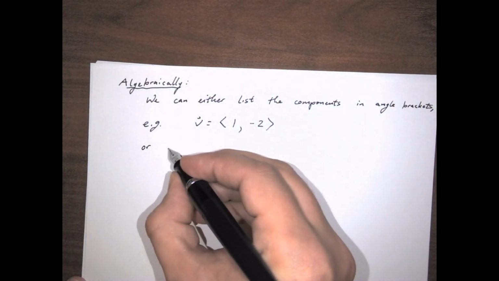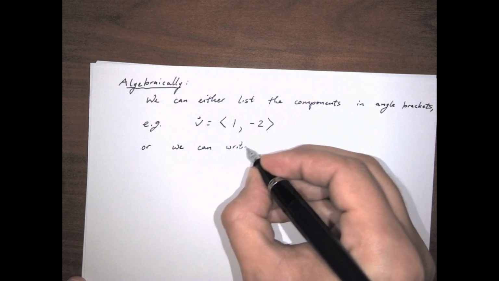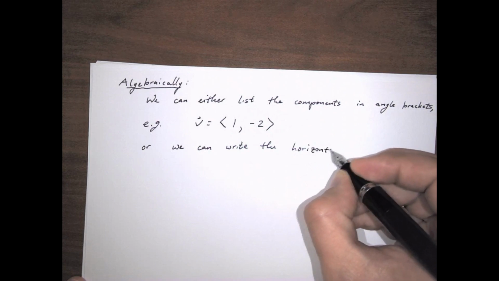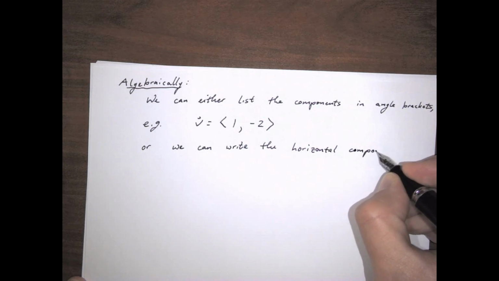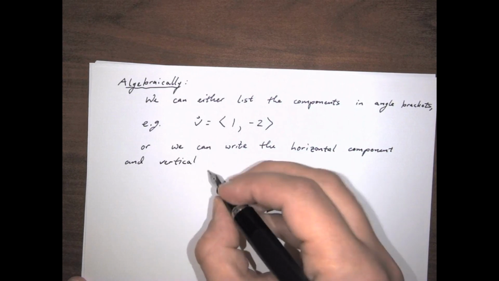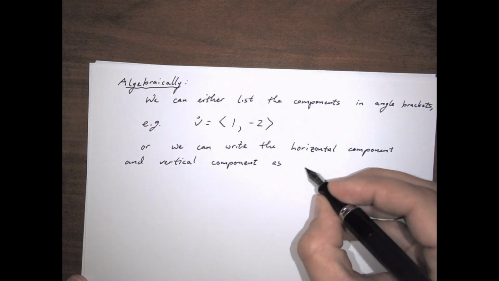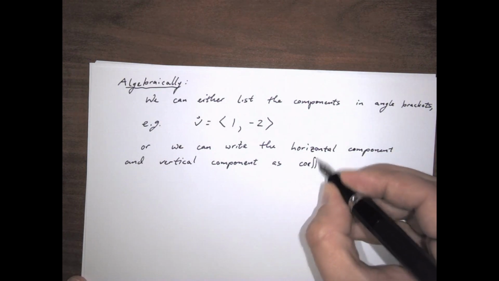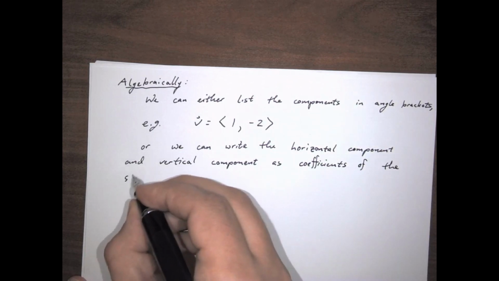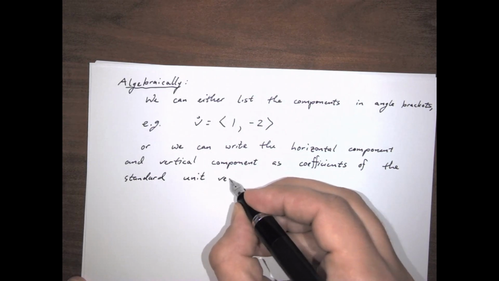Or we can write the horizontal component and vertical component as coefficients of the standard unit vectors, and I'll explain what all this means in a second.